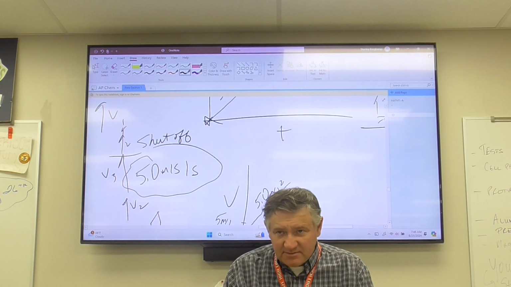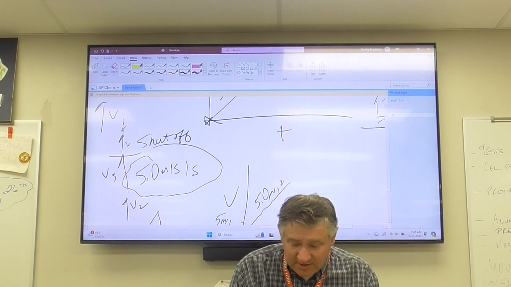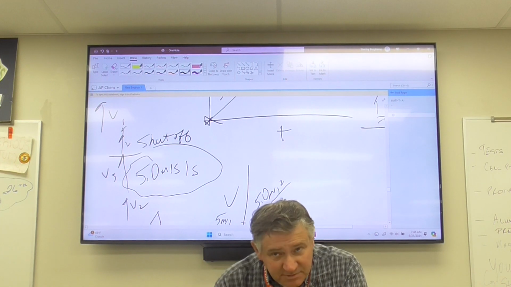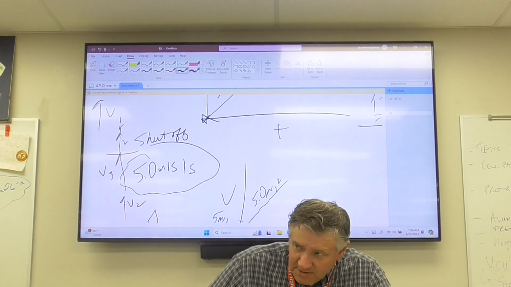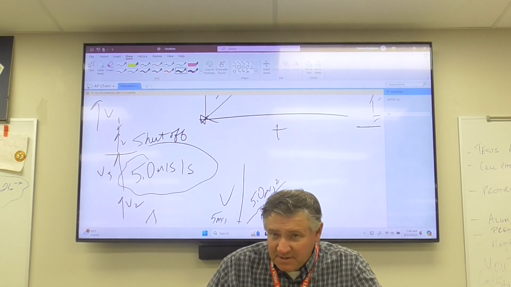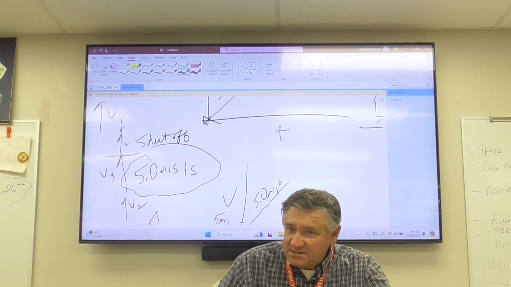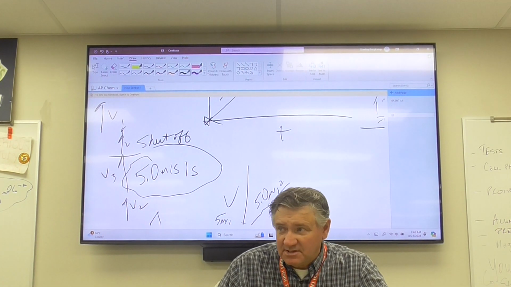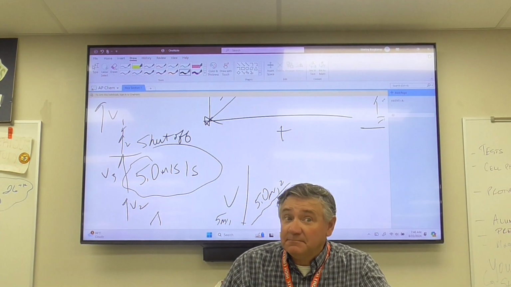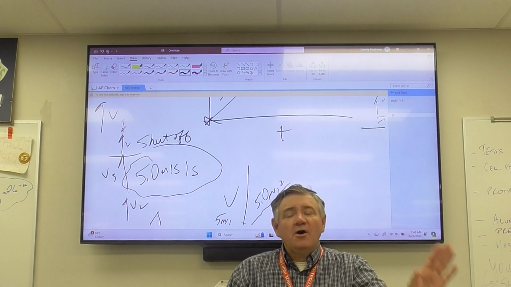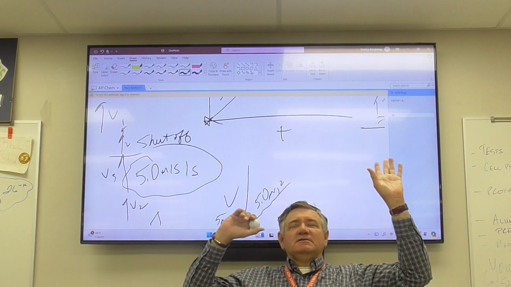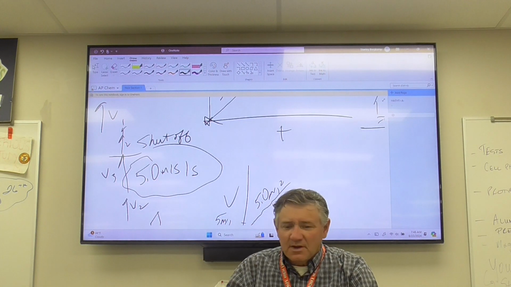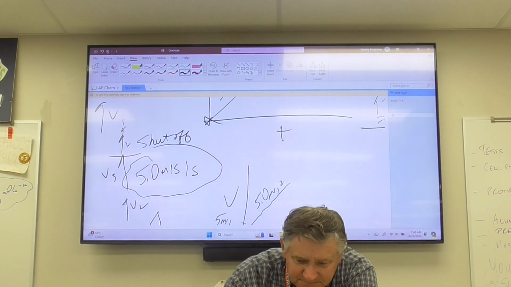Now, let's talk about the acceleration vectors. Your acceleration vectors, relative to your velocity vectors, there's only two choices. Either your acceleration vectors point in the same direction as your velocity vectors and you speed up, or your acceleration vectors point in the opposite direction and you slow down. That's it. There is no, they're going to point in the same direction, but it's going to slow down. No. So here's the story.